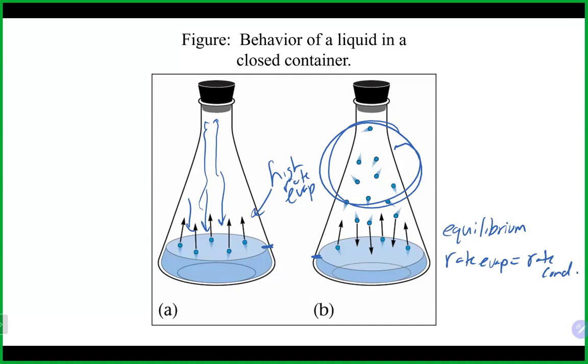So when we put a solution in a closed container, typically that's what we observe. Sometimes it's not as easy to see, but you will usually see a slight decrease in the volume, especially if you keep it capped and don't open it. That's because some of the liquid will have evaporated and is now above the liquid in the gas phase as a vapor. Any questions on that there?